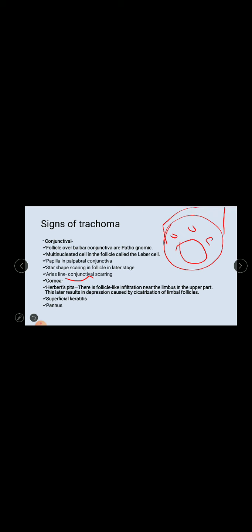Cornea. Corneal signs are Herbert's pits. There is a follicle-like infiltration near the limbus of the upper part. This later results in depression, causing cicatrization of the limbal follicle. Also, you can see superficial keratitis and pannus. What is pannus? Pannus is lymphoid infiltration with vascularization seen in the upper part of the cornea.